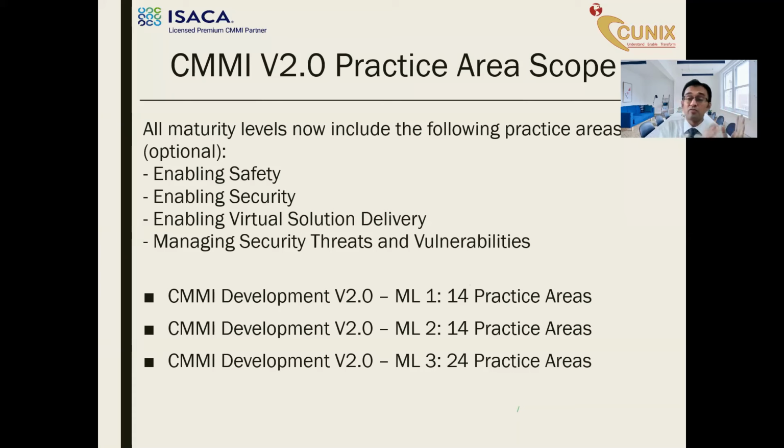And it's not like version 1.3, where you could have a limited number of practice areas for a limited level. If you're targeting level 3, you must take care of all the 20 core practice areas plus the 4 optional ones. I mean, if you choose that option, right? So that's another big difference for those of you who are thinking to adopt.